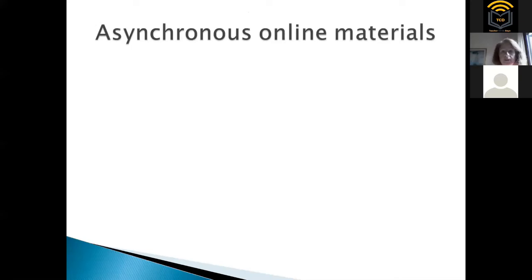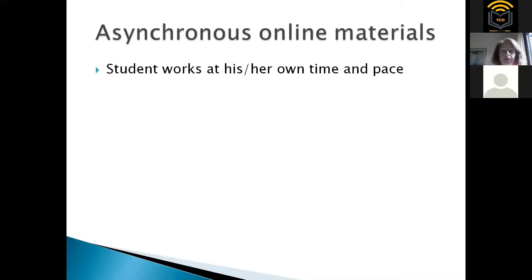Now, some differences between asynchronous and synchronous materials. The asynchronous online materials are materials that we upload on a platform. We're going to be mentioning platforms a little bit later. And the students actually work on them at their own time, their own pace.